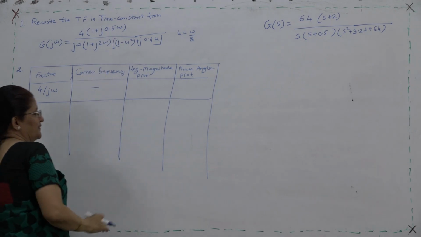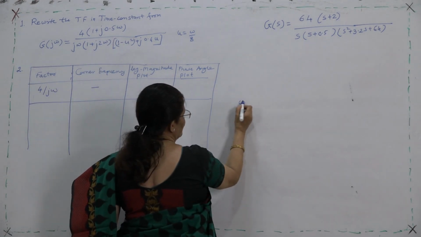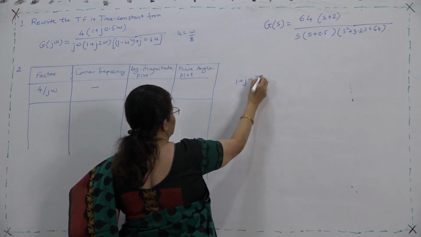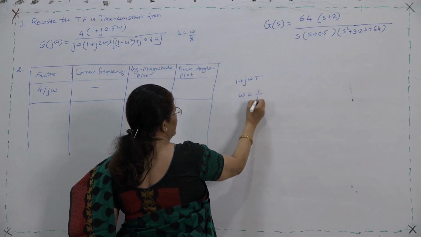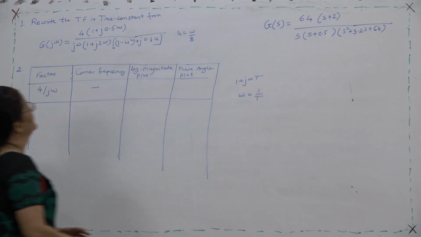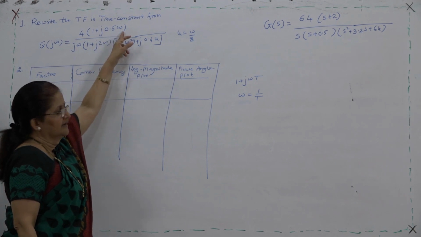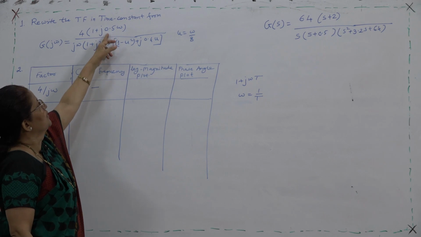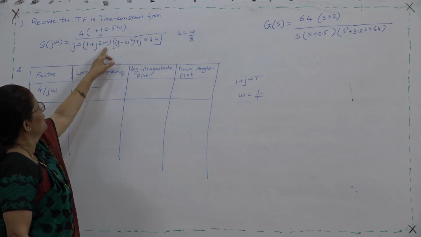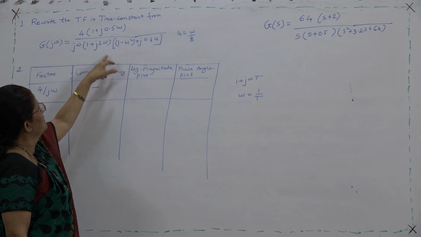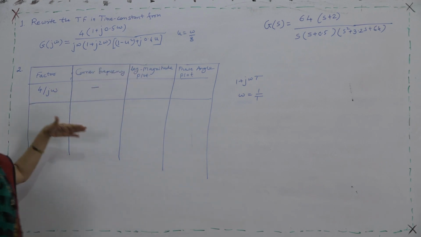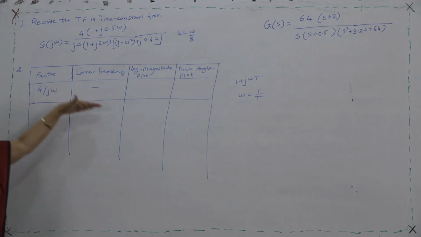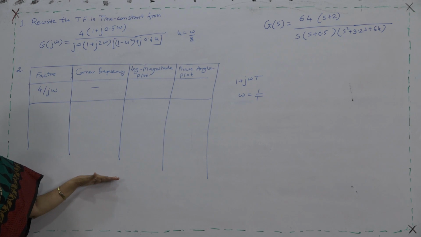What is the corner frequency? If I am considering 1 plus j omega t term, then omega is equal to 1 by t is my corner frequency. Here 0.5 omega means omega is equal to 1 upon 0.5, that is 2 is the corner frequency. Here 2 omega means omega is equal to 1 by 2 is the corner frequency. So, the main thing which you have to remember is arrange these corner frequencies in ascending order, that is important.